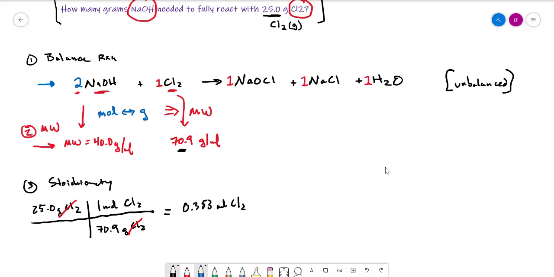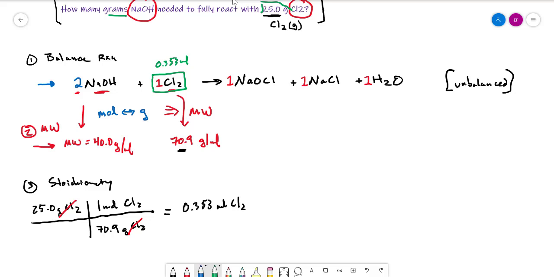Okay, that's a good start. Now we know how many moles of this thing we have. And we're being asked if we've got 25 grams of this stuff, which is the same as 0.353 moles of it, how many grams of NaOH are needed to fully react with that?